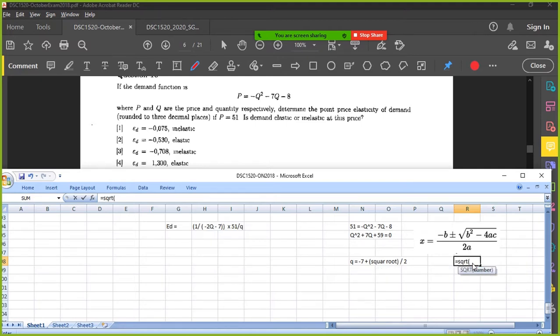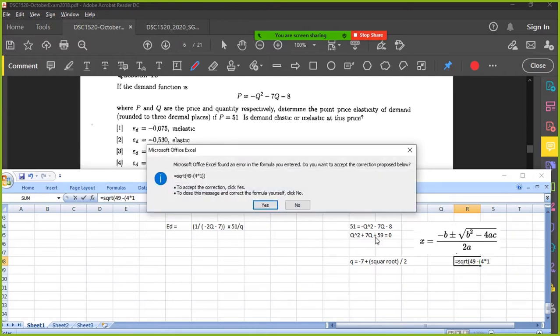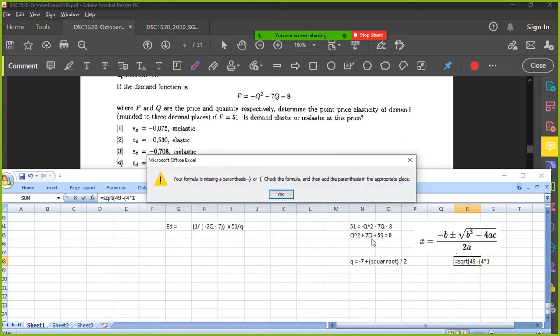What is my b here? B is 7, so 7 squared, or minus 7 squared, is 49. Minus brackets 4 times a, which is, what is A here? 1. A would be 1. Or is it minus 1? No, it would be 1, because I was looking at the top formula. You're right, it's just 1.